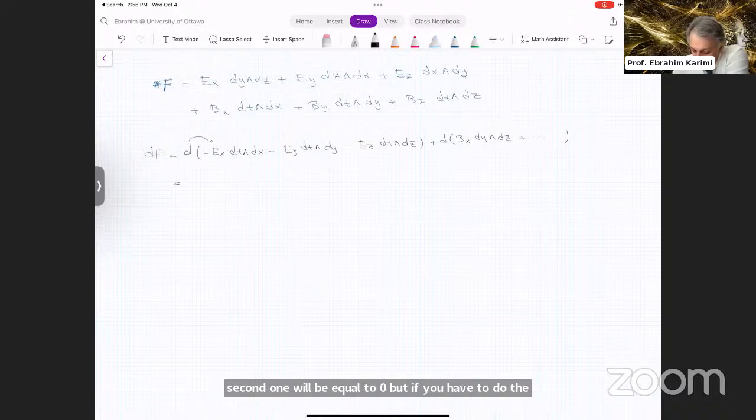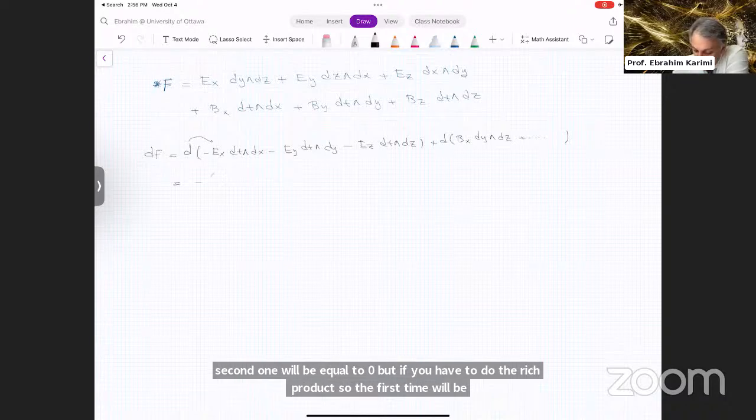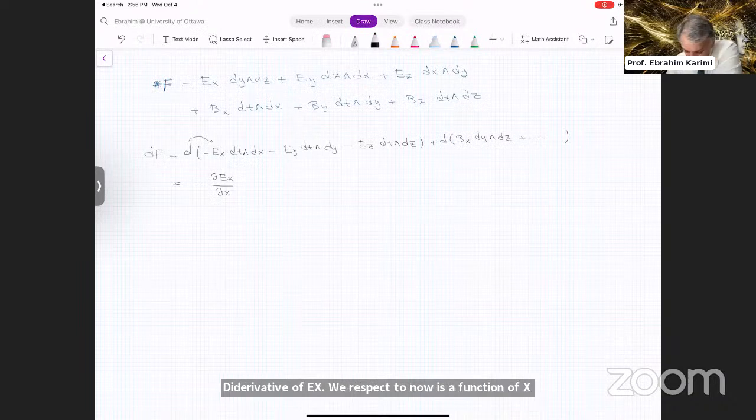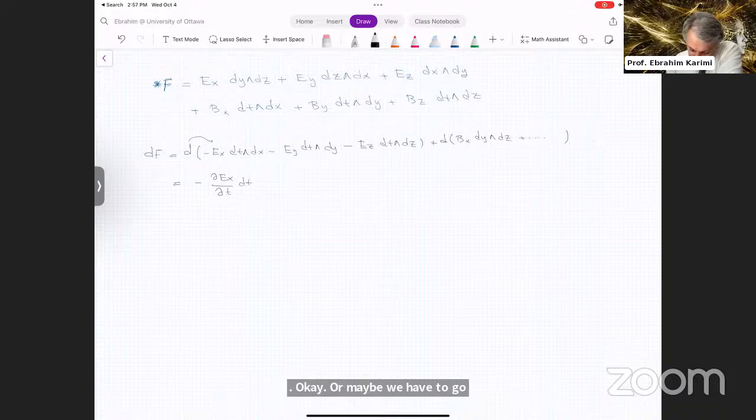So the first term will be, excuse me, minus the derivative of ex. Now it is a function of time, x, y, z, so we have to go first with the t.